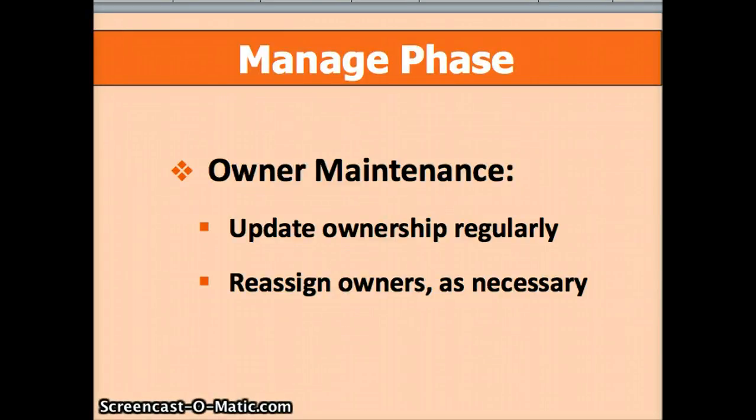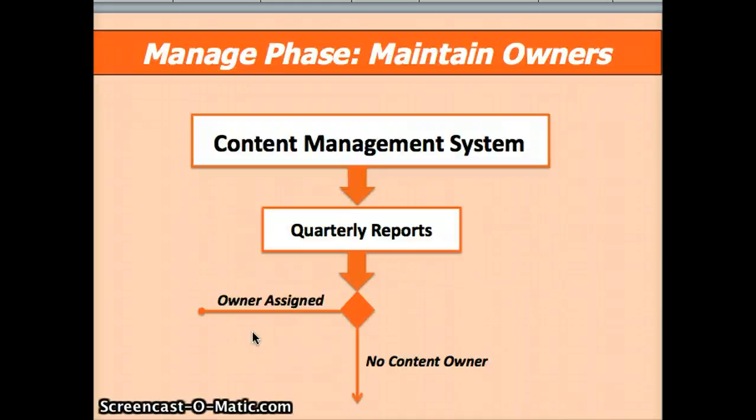The third phase is the manage phase. And this is basically the phase where you manage ownership of the content and make sure that it's updated regularly, and there's never content that's not owned or that someone is not responsible for on your website. So you can do this through your CMS as well.